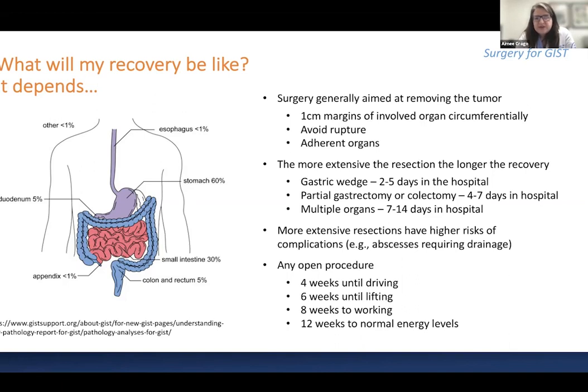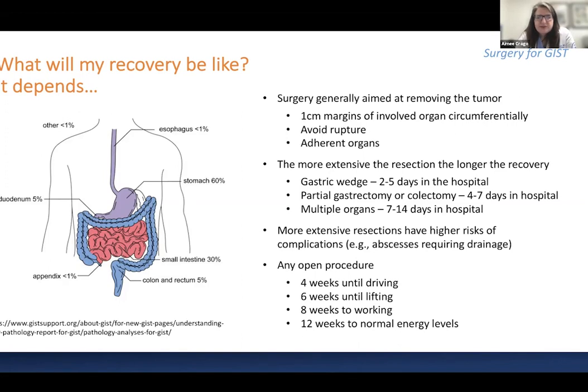And then if we have to take out multiple organs in order to remove the tumor in one piece, those patients may even need to stay in the hospital up to 2 weeks, not only because the intestines may not wake up as quickly, but because there's an increased risk of having complications after surgery, for example, abscesses that may form and need drains placed. So that's what the initial recovery can be like.